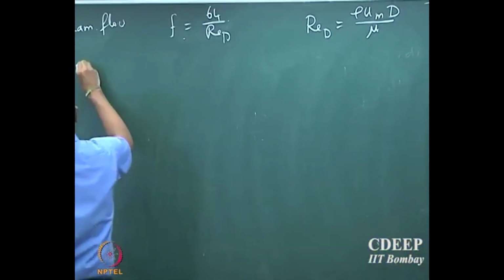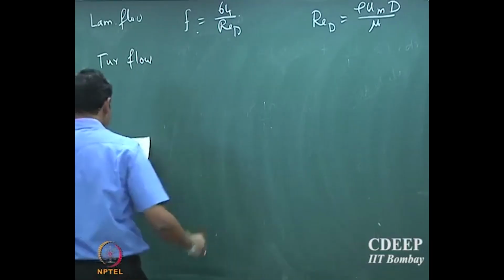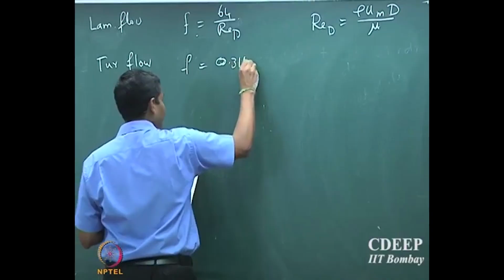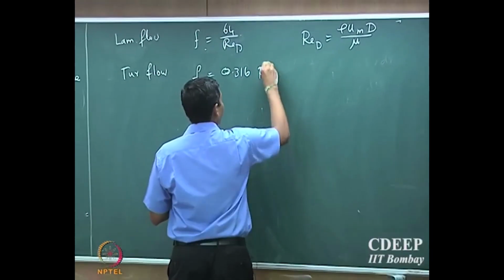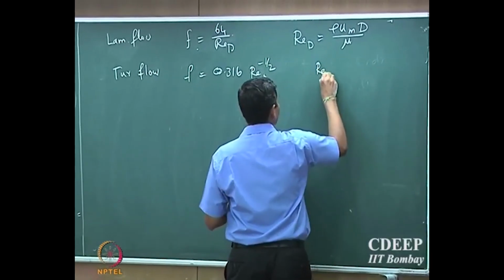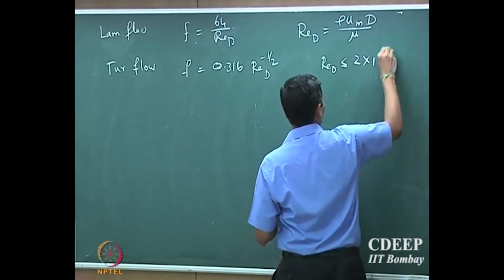Okay, and for turbulent flow, it's given by 0.316 into Re to the power minus half, and this validity is when it is less than or equal to 2 into 10 power 4.